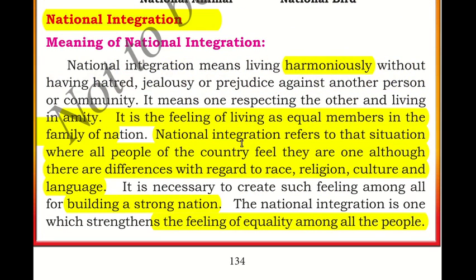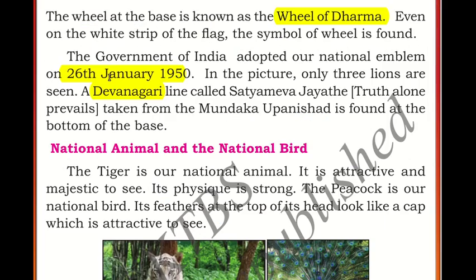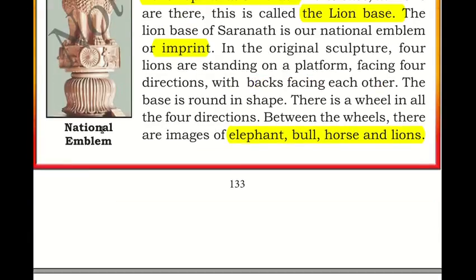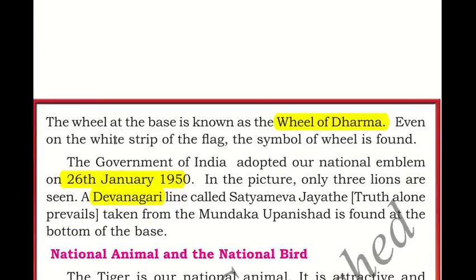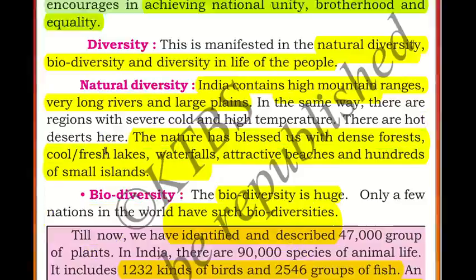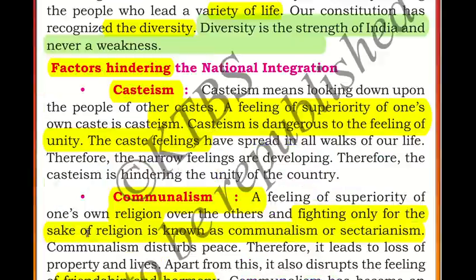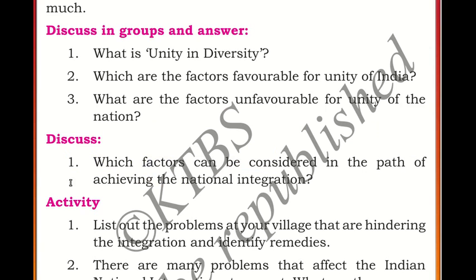You can talk about the different national symbols. You can talk about the national animal, the national bird, and the emblem, the flag and the anthem. We will be discussing this point in detail for the next heading. Before that, let's just answer this one. What are the factors unfavorable for the unity of the nation?